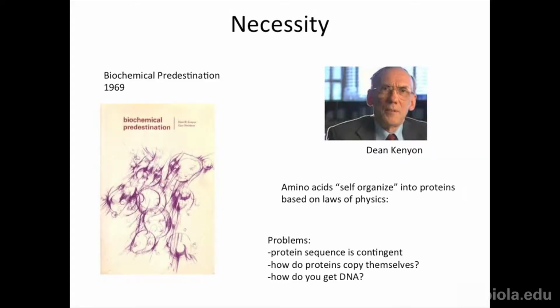The problem with that is the protein sequence is what I'm calling contingent, right? The only way that amino acid sequences, or nucleic acid sequences, can contain information is if they could be otherwise, right? If I'm writing in a medium that dictates that an A always has to follow a T, then I'm just going to say TA, TA, TA, TA, TA.